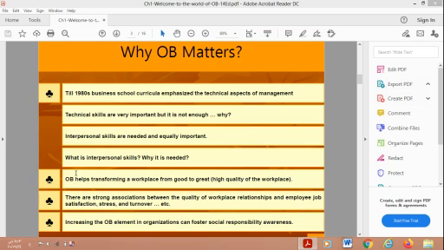Okay, and also we can say that the interpersonal skills are needed, and they are very important, or critical, even more important than the technical skills to enhance the performance of the organizations by, of course, enhancing the performance of employees.